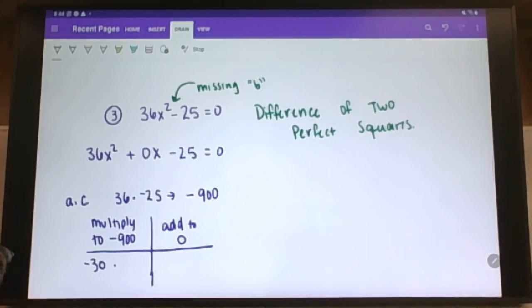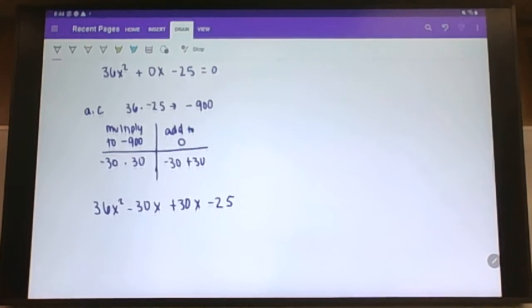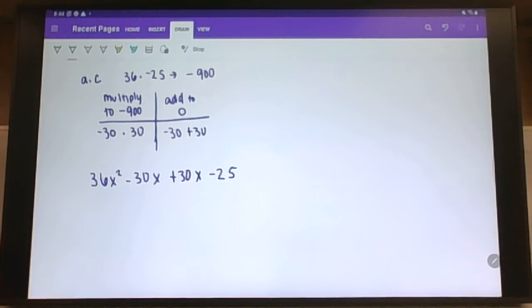Negative 30 times 30 is negative 900. And negative 30 plus 30 is 0. So we put them in the middle, and then we do the grouping trick. Group these two and take a GCF. Group these two and take a GCF.